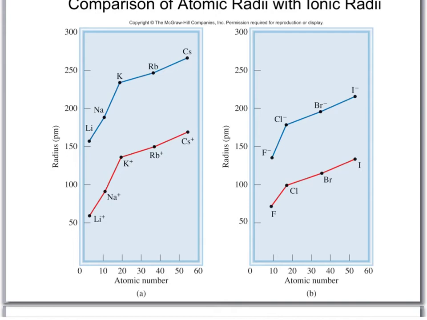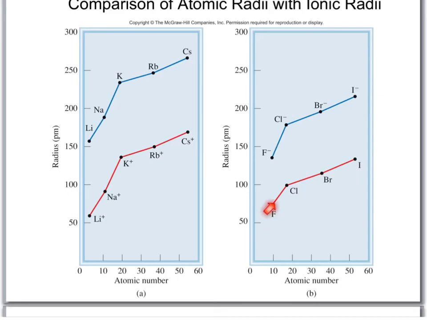So how does the radius change when we go from an atom to an ion? As we can see with our cations, the atomic radius of lithium is about 150 picometers, but the cation is slightly over 50 picometers. So we can see that as we become cations, atomic radius decreases.